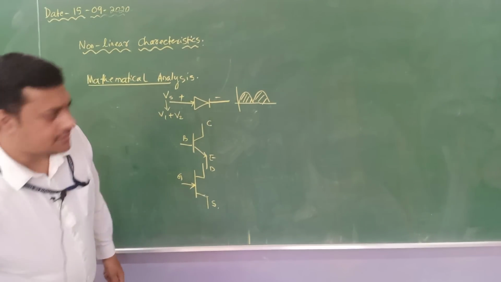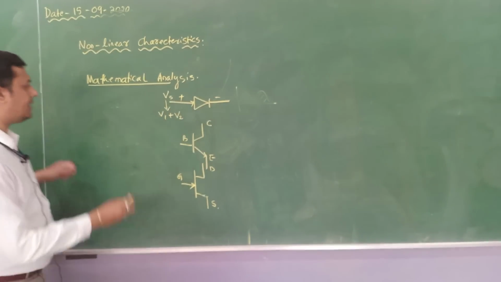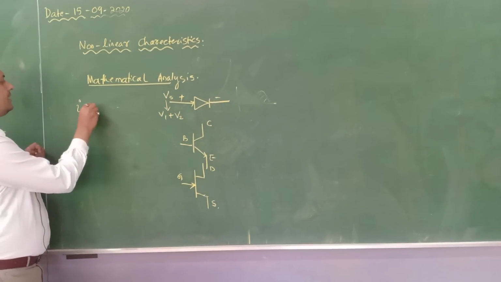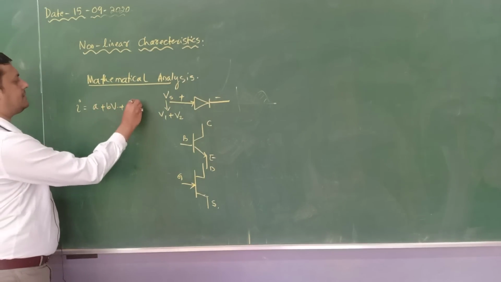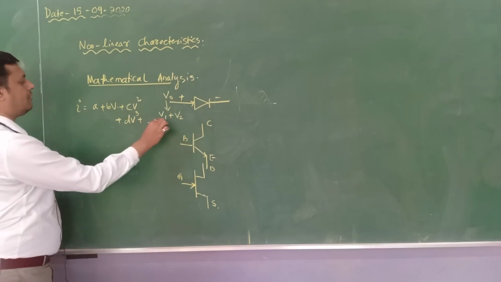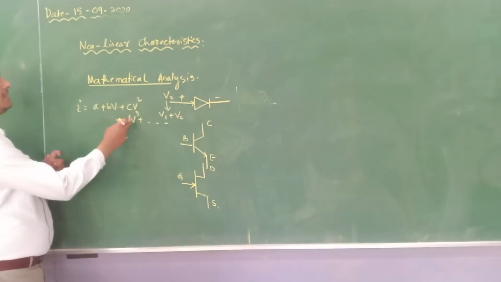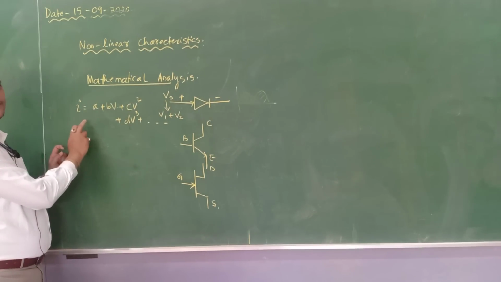Okay. So for this sort of device, I can write the current equation I equals A plus BV plus CV square plus DV cube and so on. That means as we are giving less potential, the current is maximum.